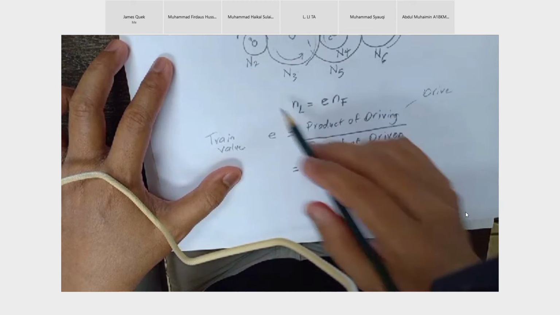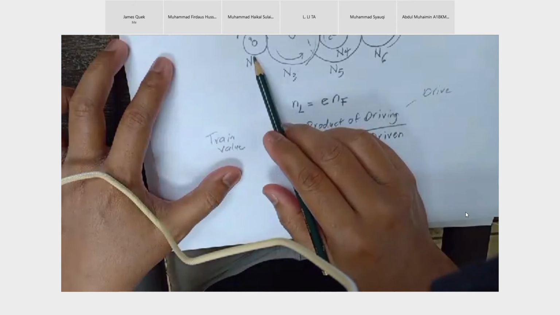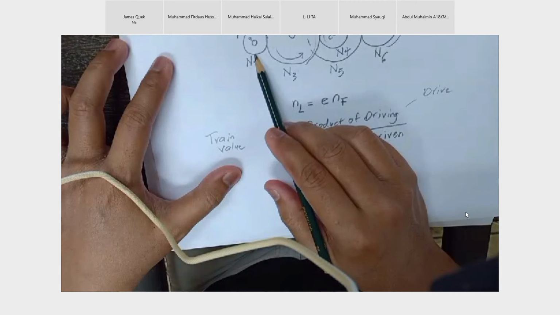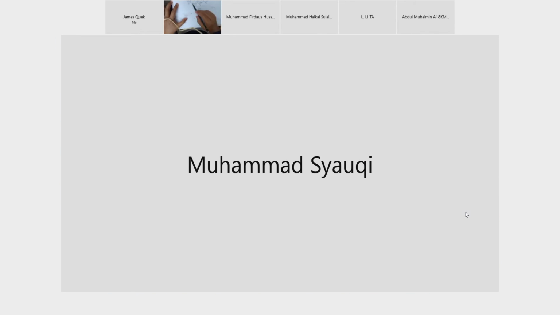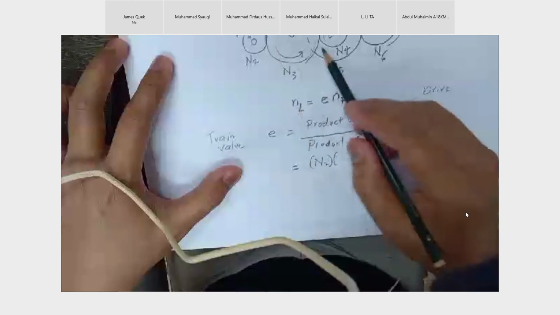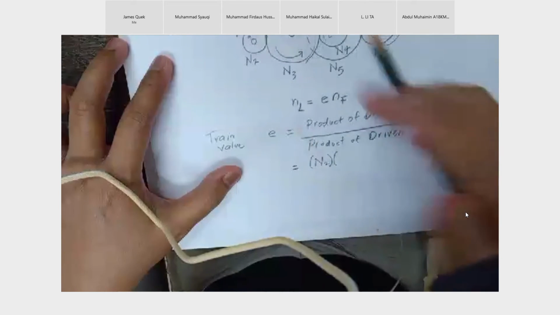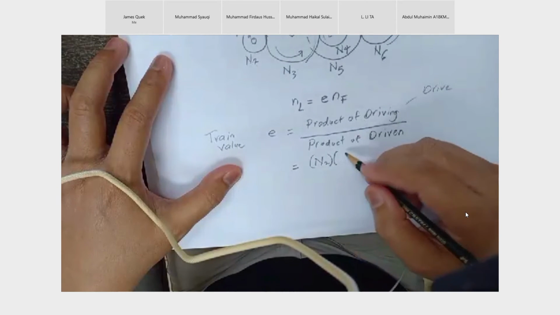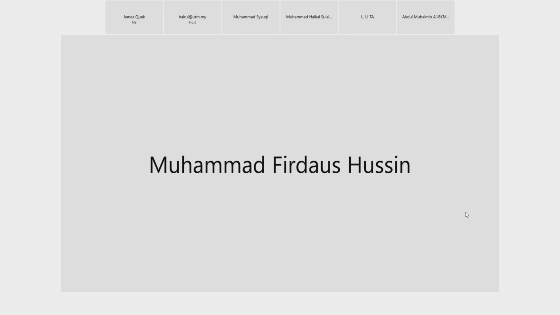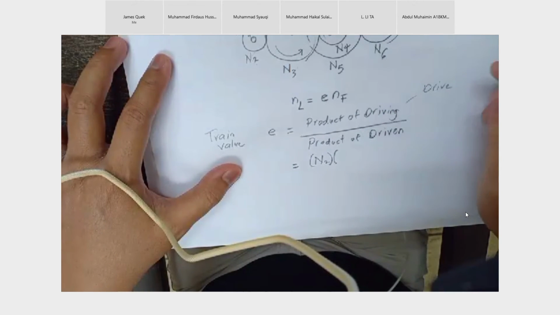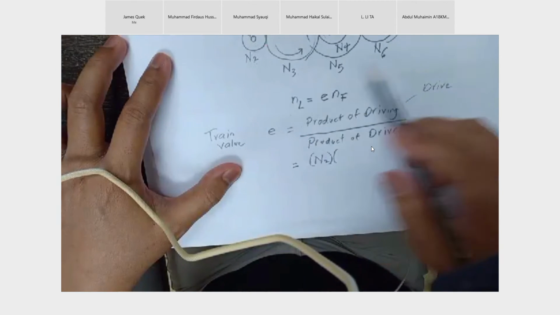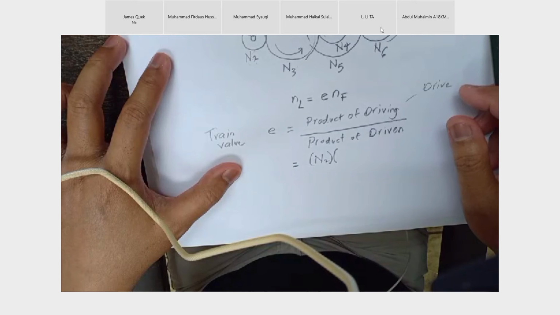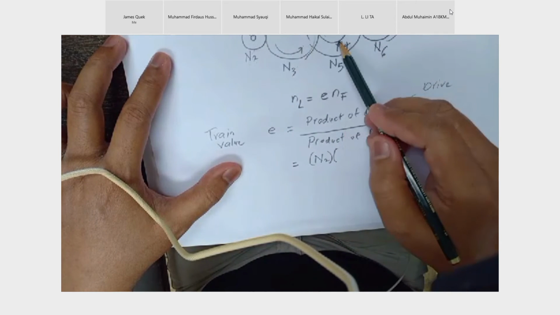Okay, which one drives? N2 drive ke driven? N2 drives. N3, is it drive? No, it is driven, so bukan. Kita nominator only the top one. Apa lagi yang drive? Nanti dulu, N3 is driven by N2, tapi dia drive gear 4.